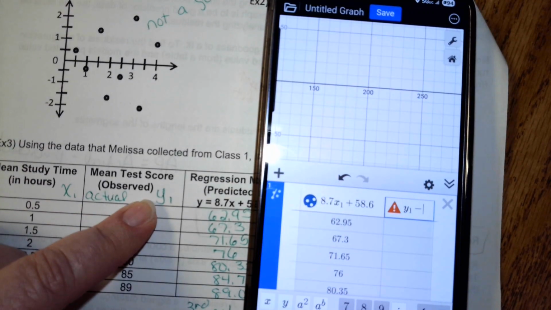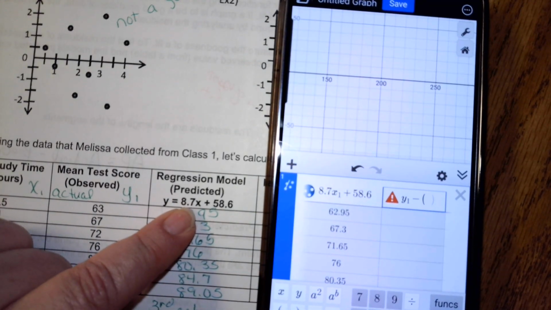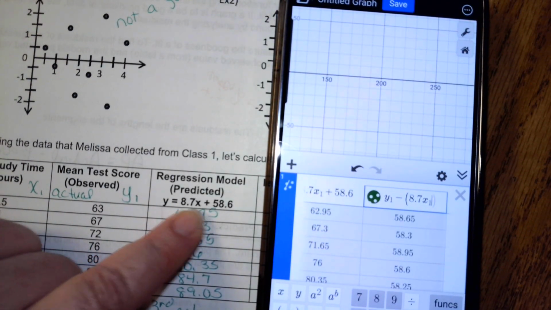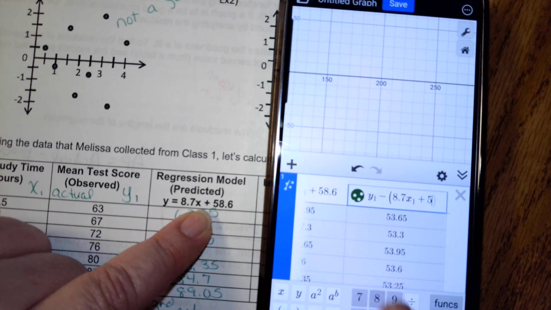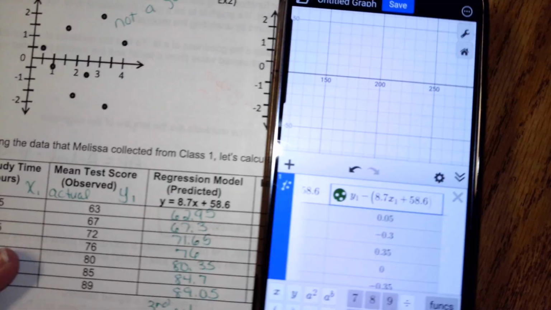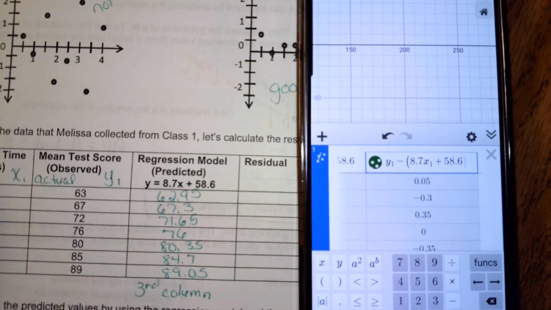Then we're going to say minus. I'm going to do parentheses, and I'm going to put this equation right here back in. So 8.7 x sub 1 plus 58.6. And it's automatically subtracting these two right here for us.